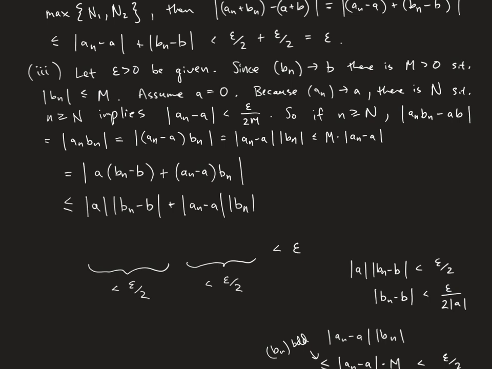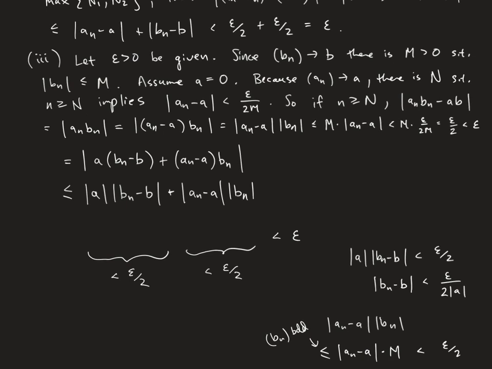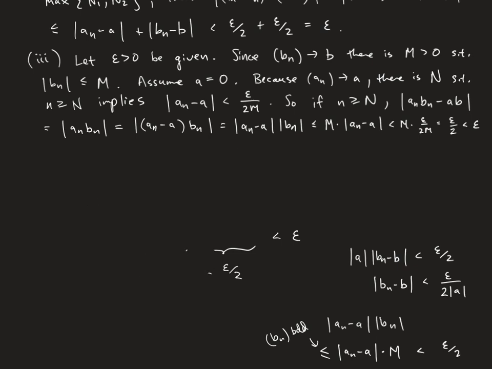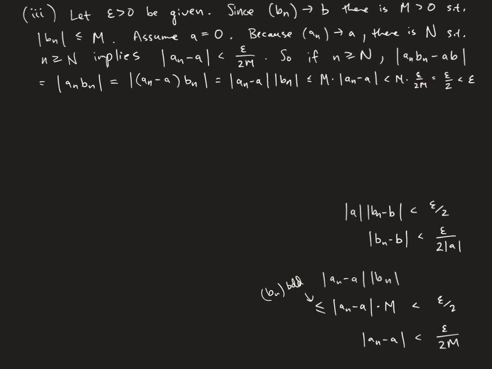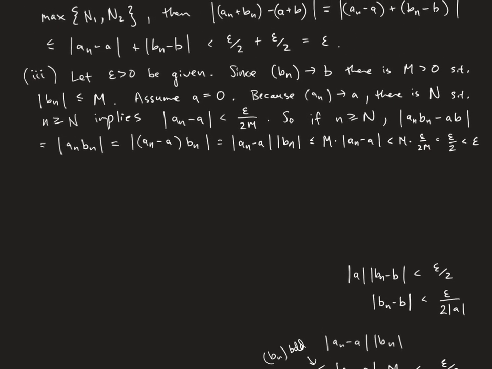And then the a_n - a's are less than epsilon over 2M, and so this is equal to epsilon over 2, and that's less than epsilon. I guess we could have just done epsilon over M here, but whatever, we already wrote it, it's fine. Okay, now I can get rid of this. We'll go to the general case in which a is not equal to 0, and we'll just leave this stuff down here for reference. So that handles that case.